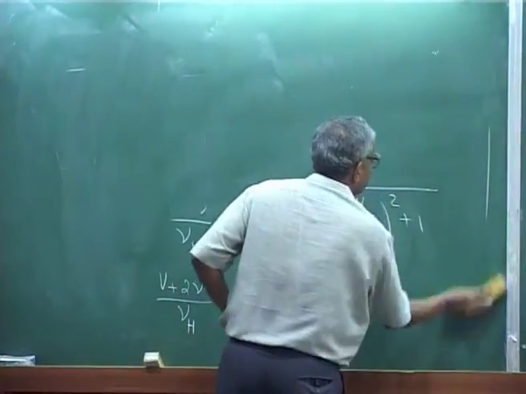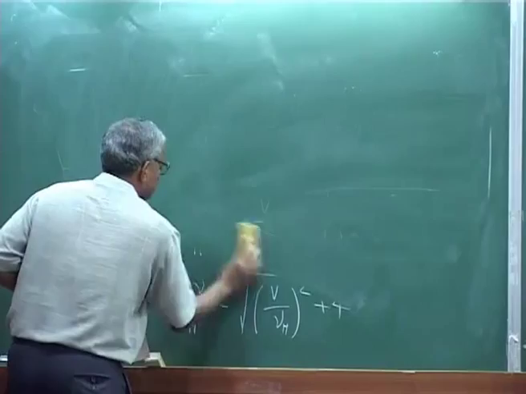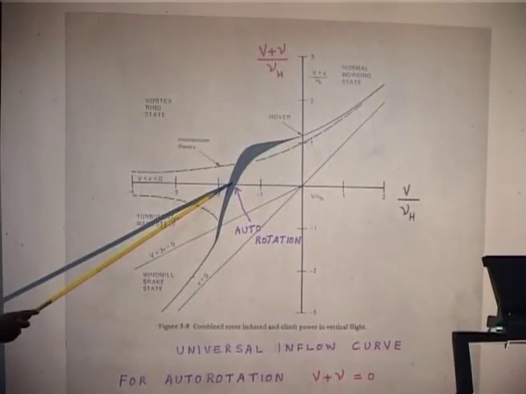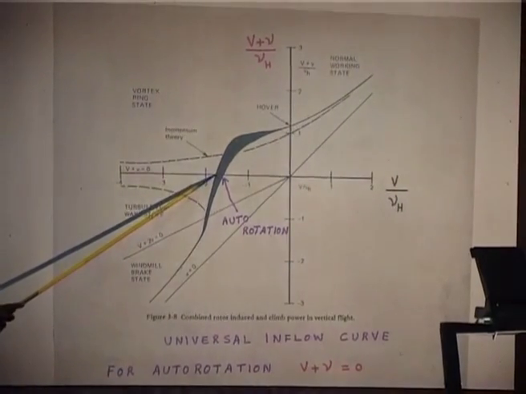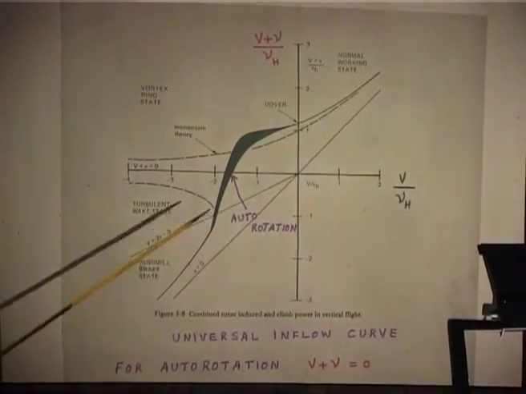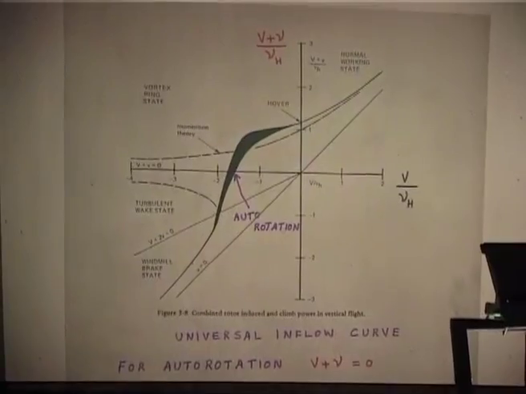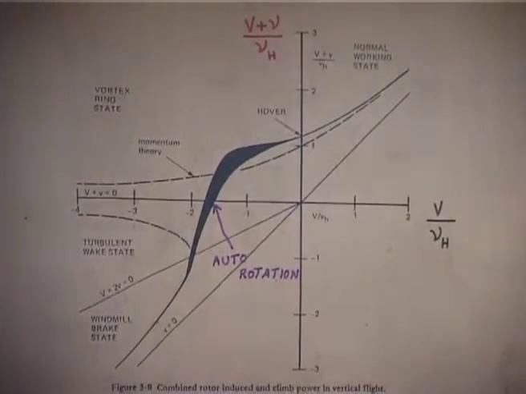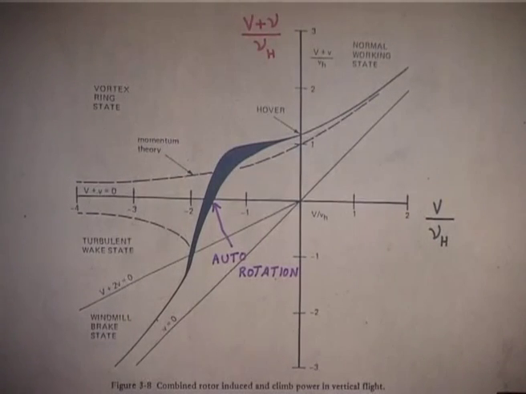Now, let us say for that black patch, this zone here, V by nu h is approximately 1.6 to 1.8, the width.